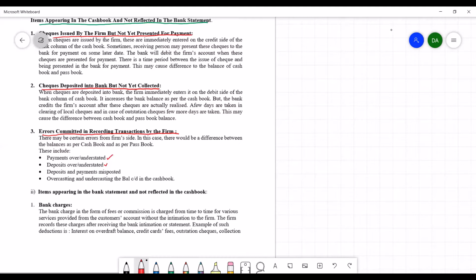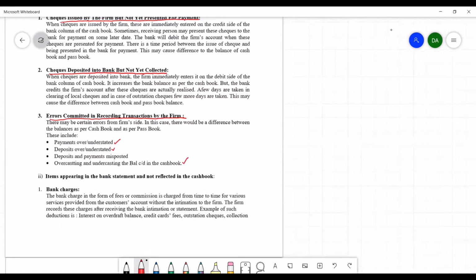That may also cause the difference, because if the bank statement is correct but the cash book has an error, then such an error will only be found in the cash book, but not in the bank statement. Now, these three items cause a difference between the cash book and the bank statement, and these are items which appear in the cash book alone.